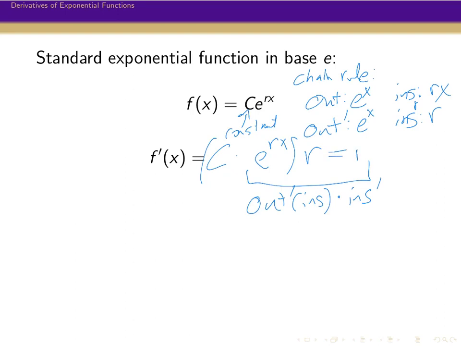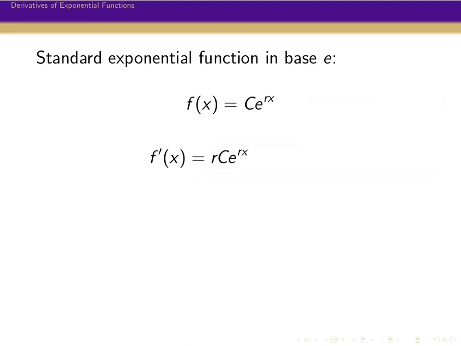And so we can rewrite this as r times c e to the rx. And let's make that look pretty. There it is. And then if you look at this, c times e to the rx, same thing again, except now we have this r on the outside.